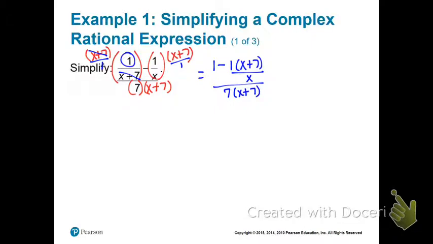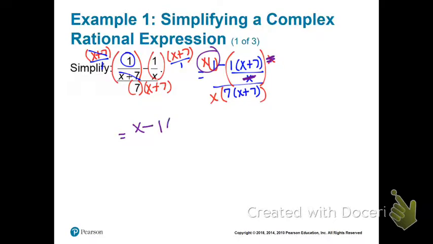So now we want to get rid of that other fraction there. So what would I have to multiply this by to get rid of the x on bottom? The x. So we're going to multiply all 3 terms by x. So when I do that, x times 1 is just x. This minus, this x is going to cancel with that x.